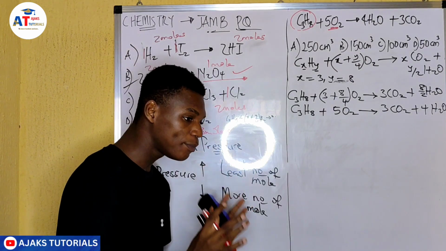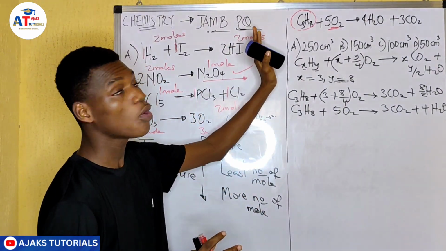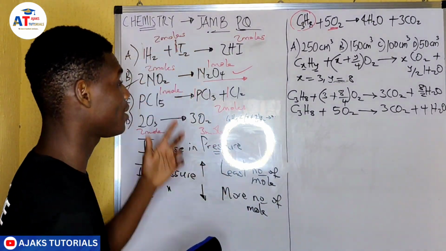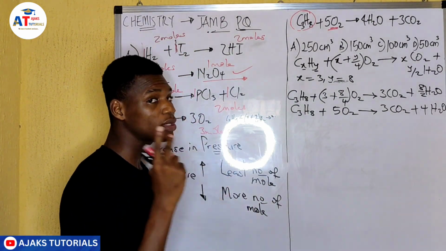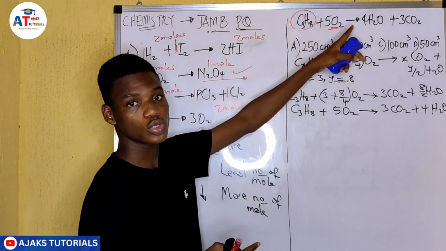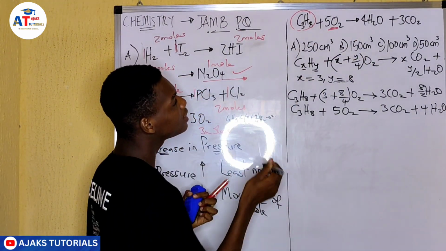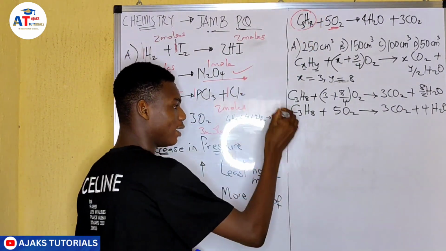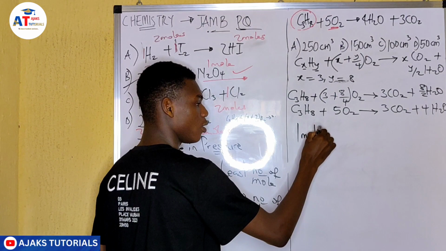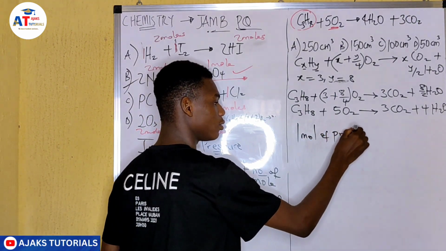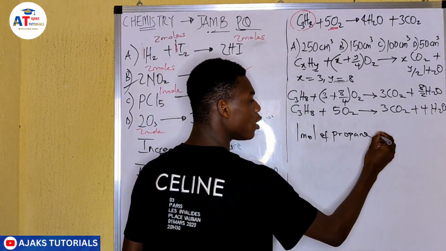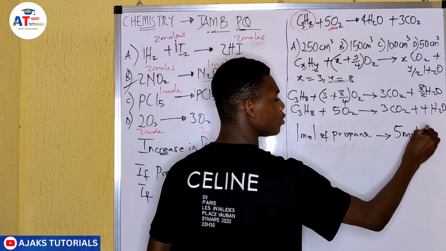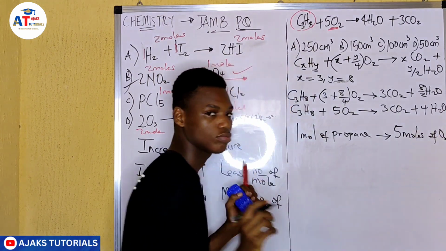The first step when you see a question like this that includes combustion, right? This is the kind of question you're going to see in your JAMB, because this is a JAMB past question. Alright, now the two species are propane and O2. What's the stoichiometric mole of propane? 1 mole of propane gives 5 moles of O2.